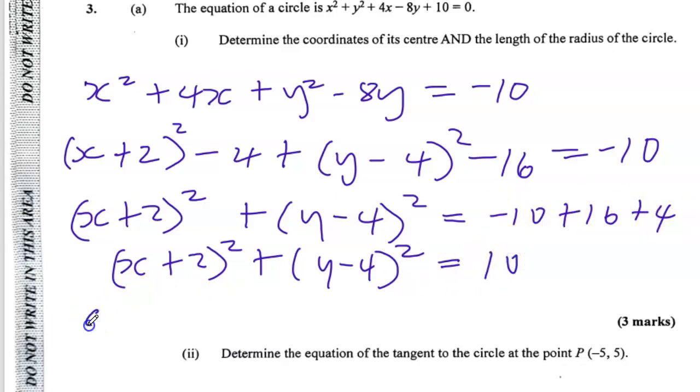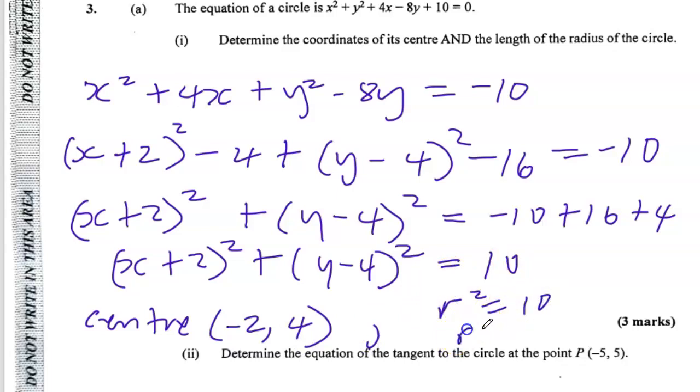So the center of the circle is minus 2, whatever values make the bracket 0, so it's minus 2, positive 4. Remember, the right hand side is equal to r squared. So r squared is equal to 10. Therefore, r is equal to root 10.